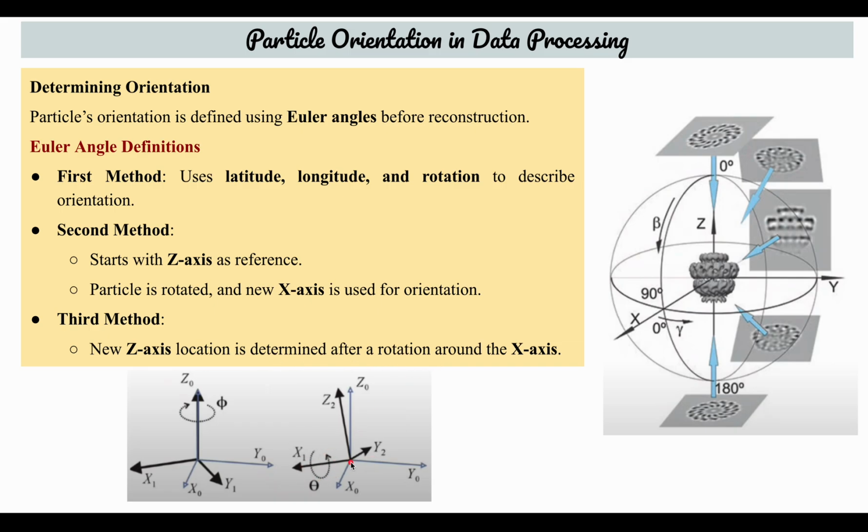So these are three different methods by which we can calculate these angles, known as Euler angles, which tell us in which orientation our protein currently is. Pictures in different orientations are taken, and all these collected pictures help us reconstruct a 3D picture. So if smaller Euler angle steps and multiple such pictures are taken, then we will get a proper, or you can say well-resolved, 3D image of our specimen.